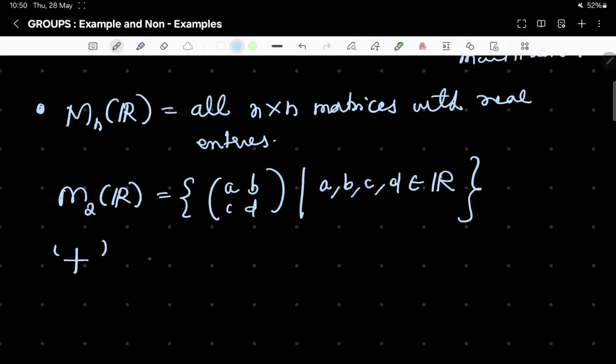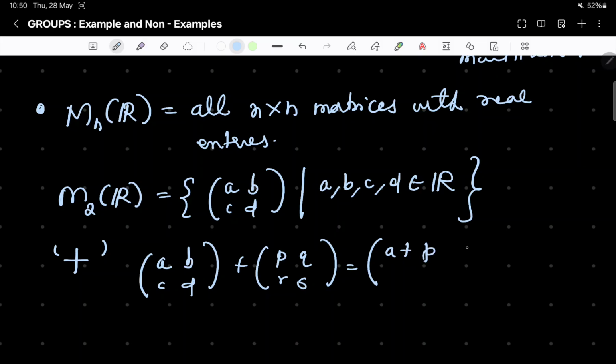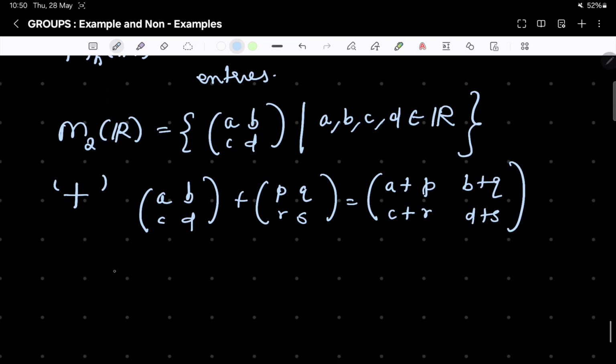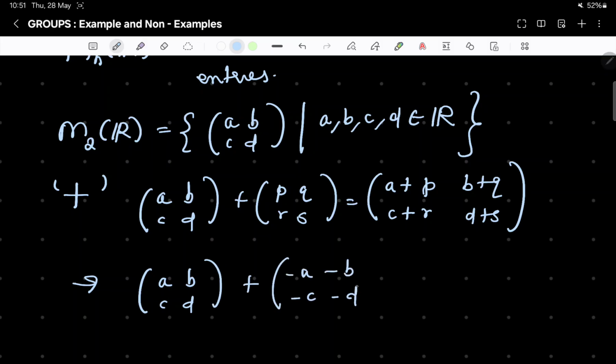So what is matrix addition? You're adding component wise, right? So A, B, C, D plus some P, Q, R, S. We define the addition simply as A plus P, B plus Q, C plus R, and D plus S. So if you define addition like this, it becomes a group. Why? Because for A, B, C, D plus minus A, minus B, minus C, minus D, you get what is called a zero matrix.